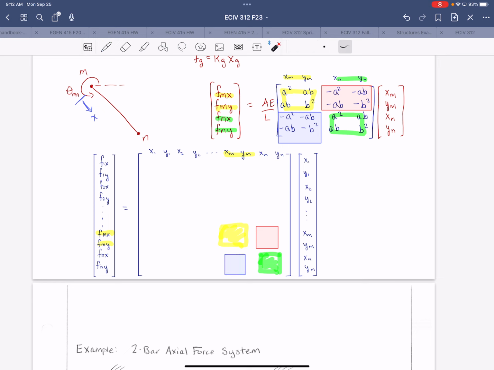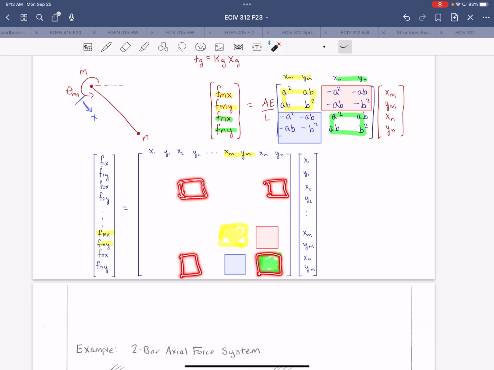All right, so this one, because node M and N are adjacent numbers, it's pretty much the same thing as just taking this matrix and dropping it in the same 4x4 chunk of the overlay. But some of your elements will be spread out, right? So if there was an element connecting node 2 to node N, then that element would drop in here, right? Part of it would go here, part of it would go here, and then part of it would go here.